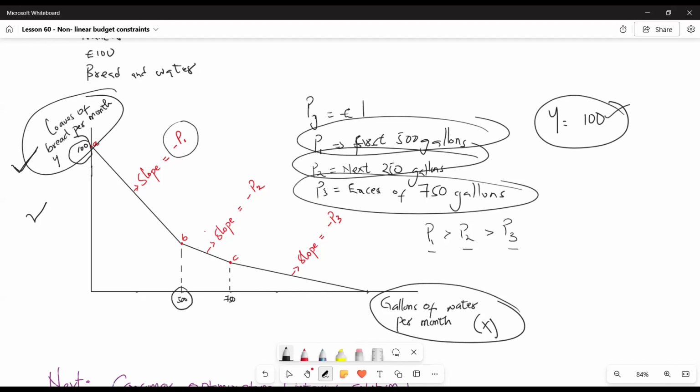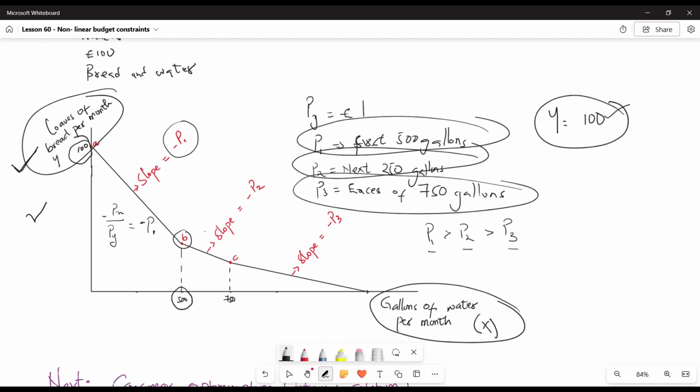So the slope of the curve up to point B is going to be minus the price of good X divided by the price of good Y, which is minus P1, because the price of good X is P1 and the price of good Y is 1.